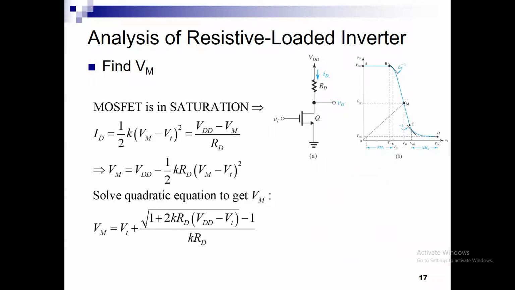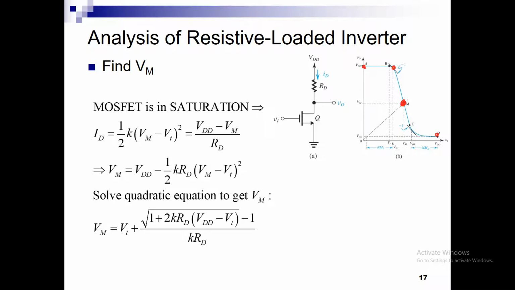Now we want to solve the next point. We solved for VOH, we solved for VOL, we solved for VIL. The fourth point that we are going to solve for is the point VM.